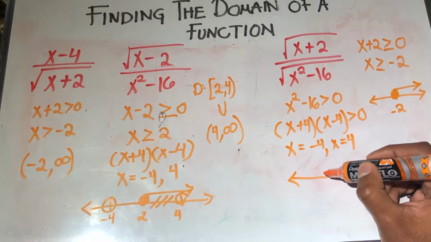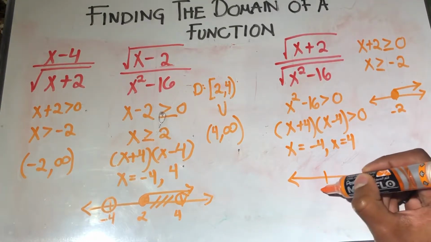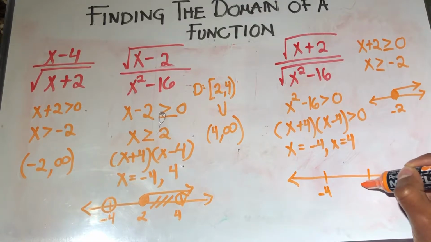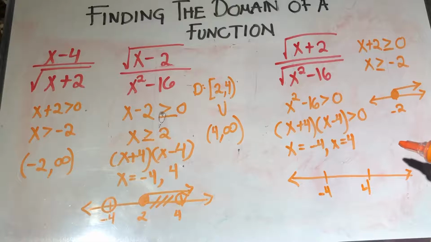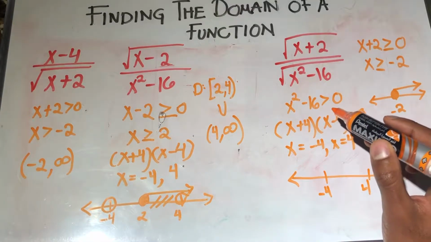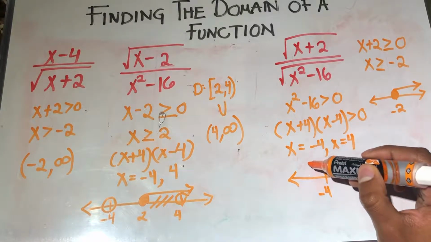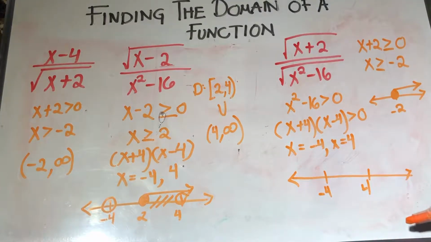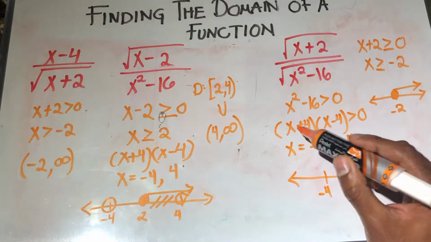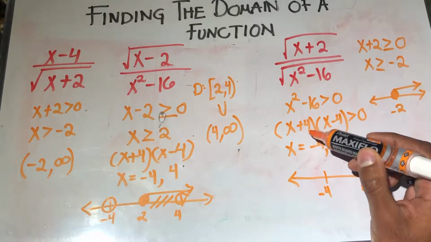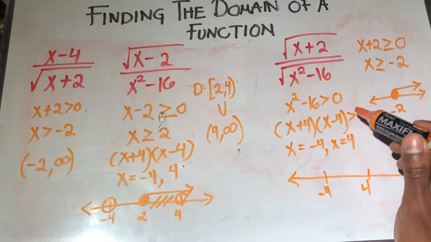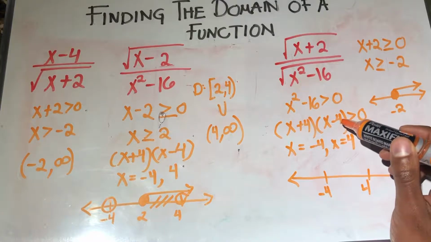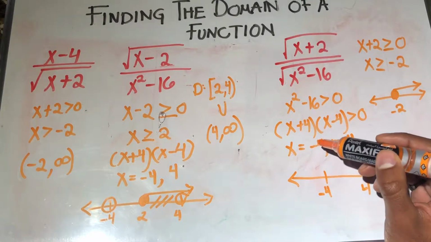However, for negative 4 and 4, here it's important to use a line test, choose values, plug them into the equation just to see where the domain is real. Now if I choose negative 5, plug it in here, negative 5 plus 4 is going to give me a negative. And then negative 5 minus 4 is also going to give me a negative. And then negative times negative is going to give me positive.